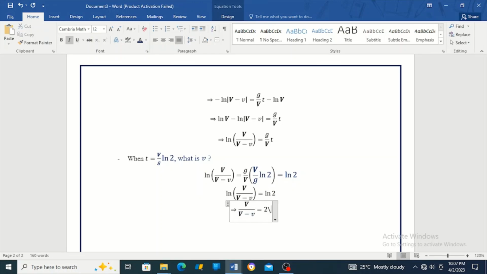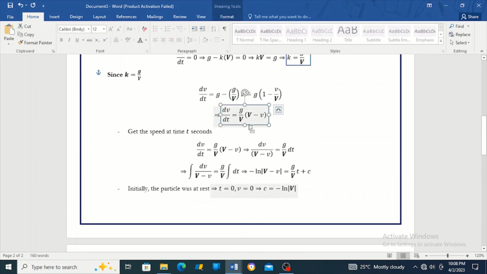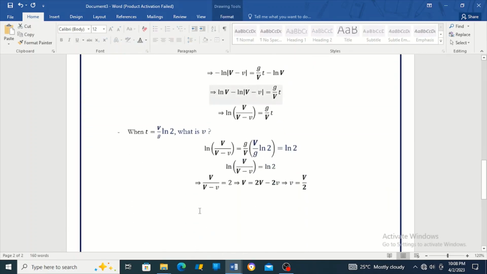So if you cross multiply, you are going to get v to be equal to 2 times v minus small v. So that minus 2 small v, sorry, because the 2 also multiplies. So automatically we have our small v to be capital V divided by 2. We have proven that. So let us conclude that this is okay.